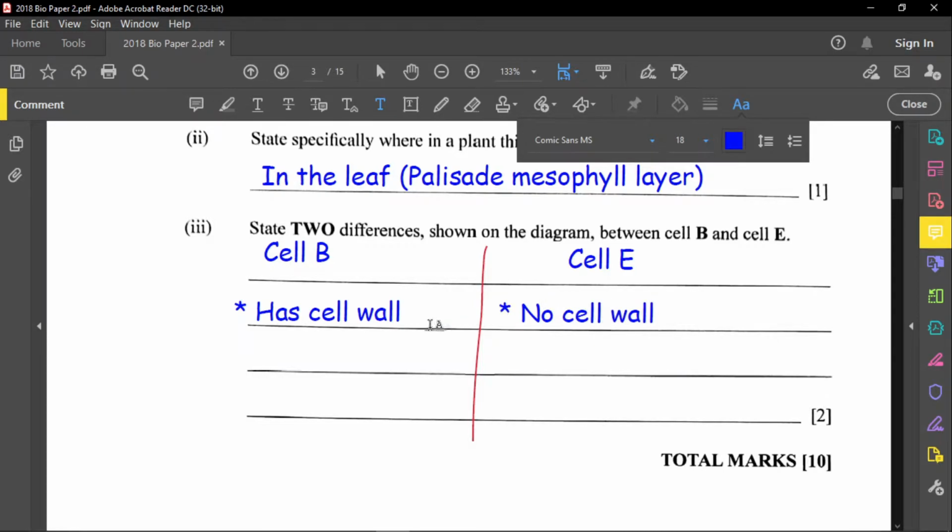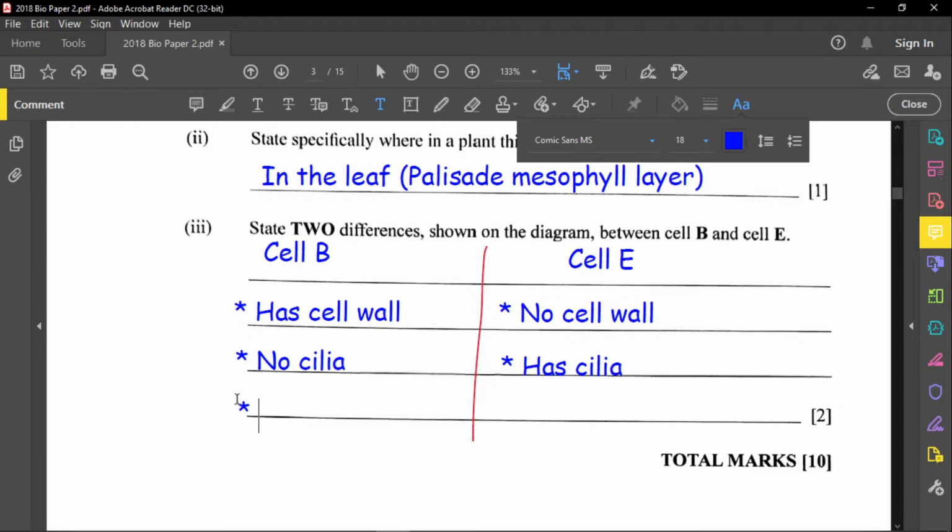All right, let's go to another difference. Another difference here is that cell B has no cilia, while cell E has cilia. And another difference we can talk about: if you look at cell B carefully, you see a lot of chloroplast.